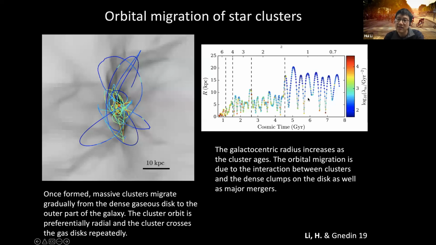Because this is a surviving cluster at redshift 0, it seems that they have to experience this ejection so that they can be brought to the halo regions, and then in the halo region, the dynamical disruption becomes less and less so that they can survive. Okay, thank you very much.